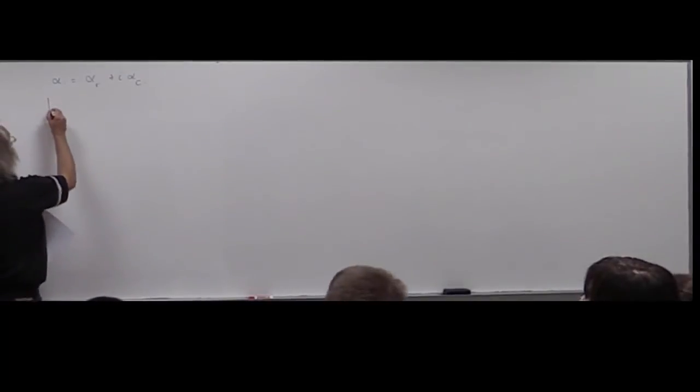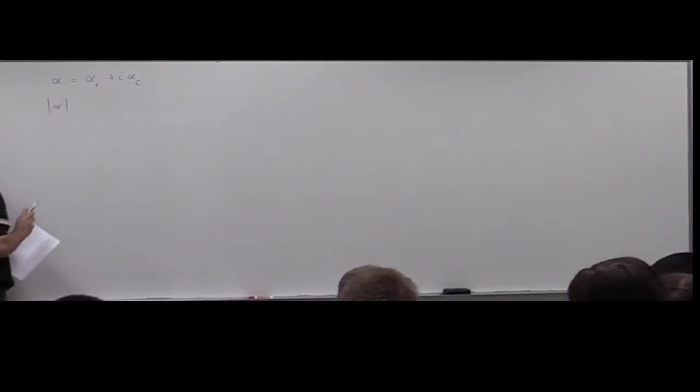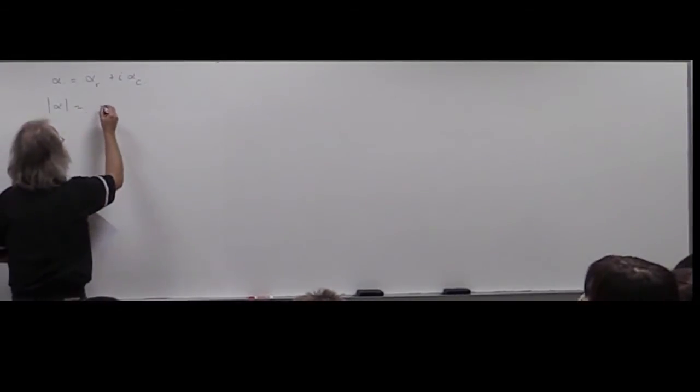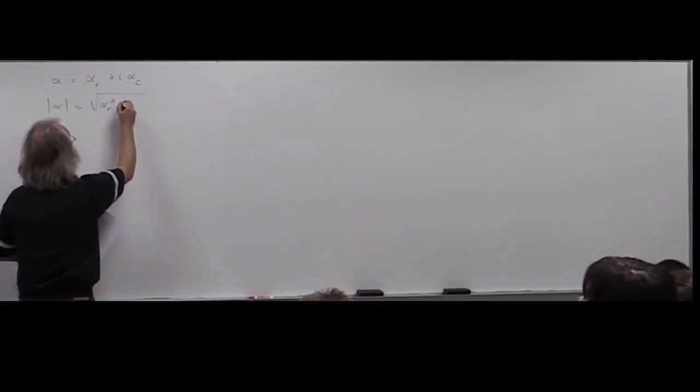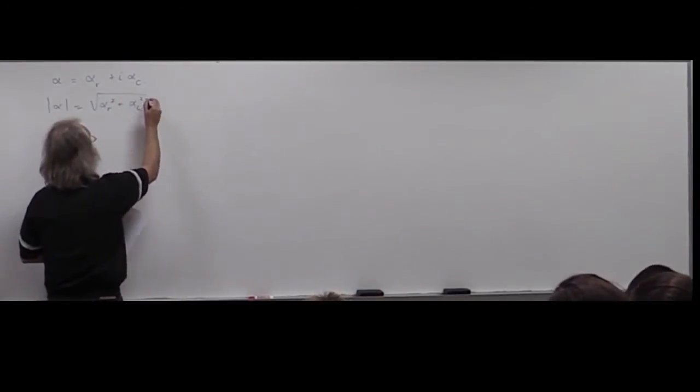Whatever. Okay? Now, we know how to compute the absolute value of alpha. And notice that that's equal to the square root of the real part squared plus the imaginary part squared.